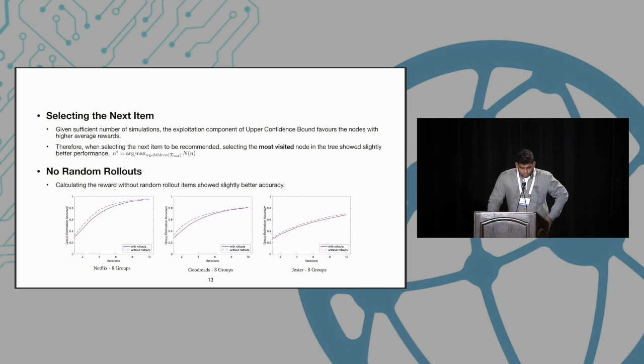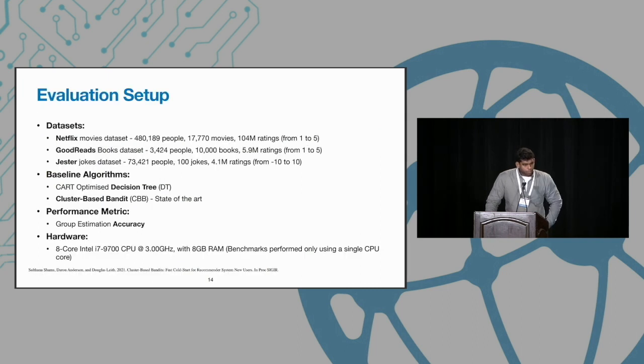Also, the random rollouts, which are typically used in Monte Carlo Tree Search, gave slightly poor results in our approach, because we noticed that looking ahead for more items actually gives less performance. So this is our experiment setup.